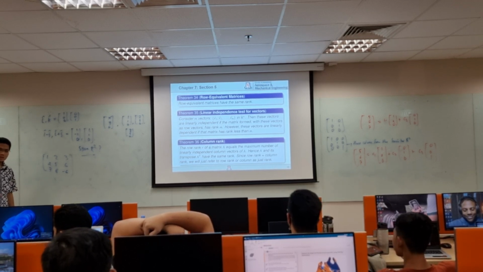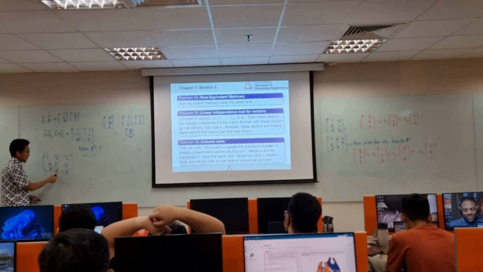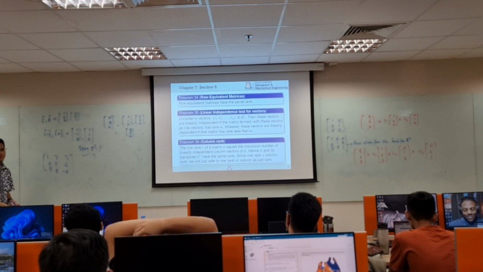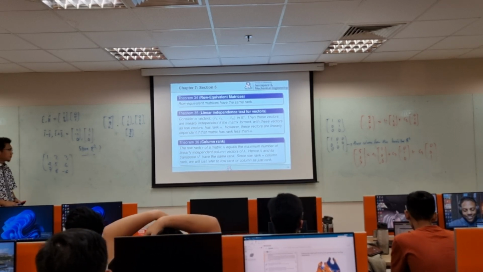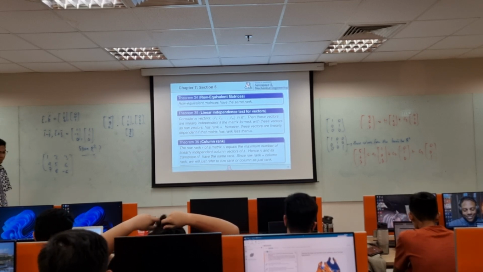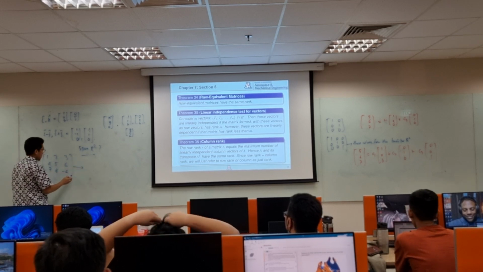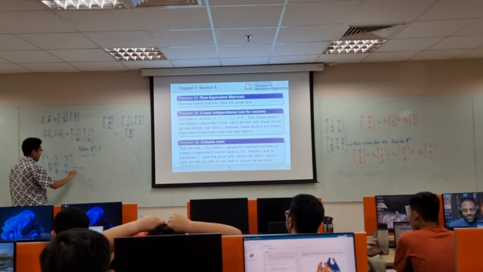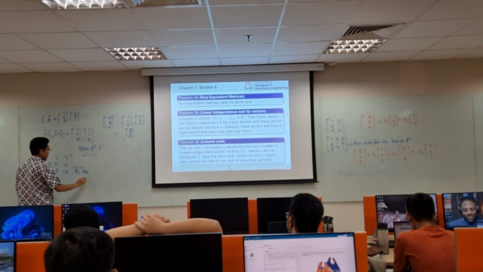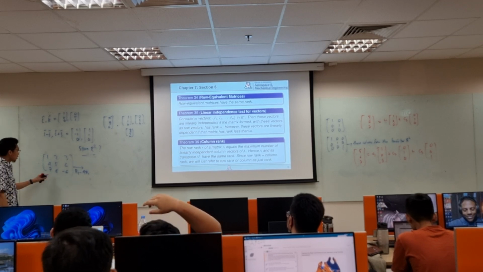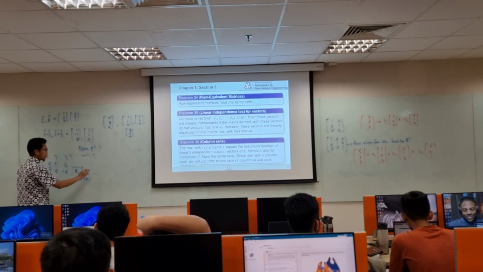If you cannot see, you reduce the rows so that it becomes an upper triangular matrix. How do we make it upper triangular? Row number 2 minus 4 row number 1. Row number 3 minus 7 row number 1.